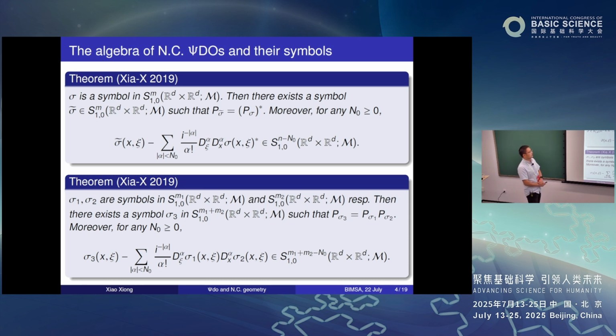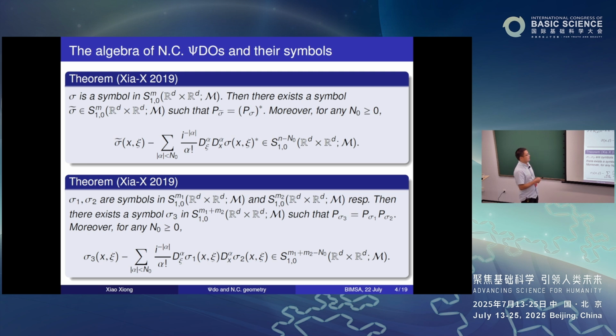For example, even in the classical case, if we want to calculate the new symbol from the original symbol, we have to do some asymptotic expansion of this sigma.